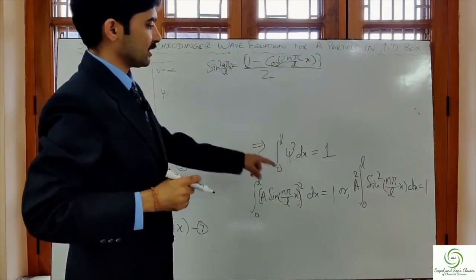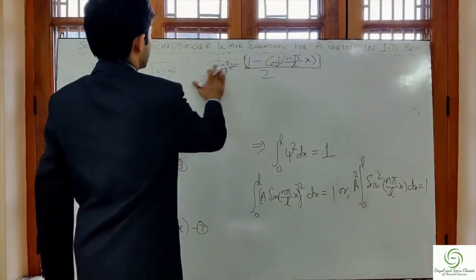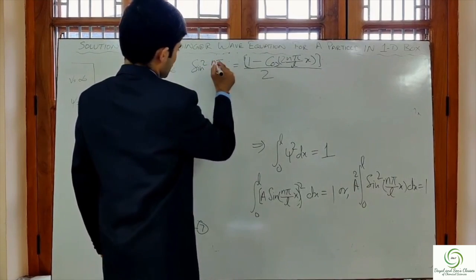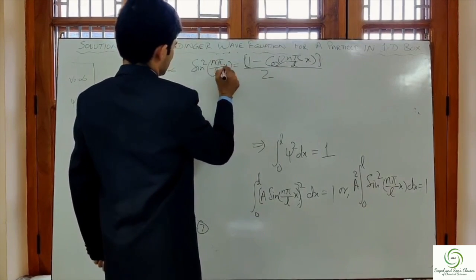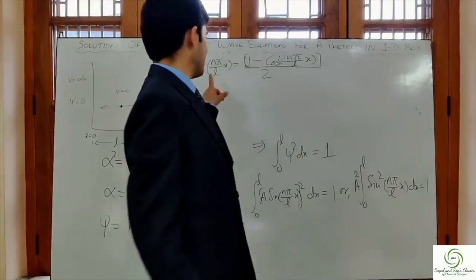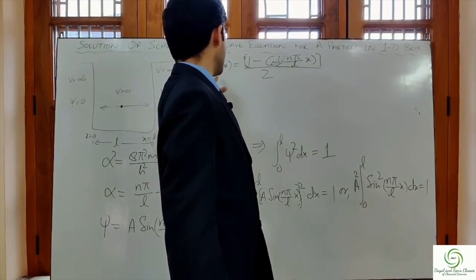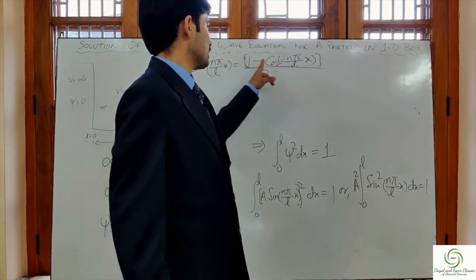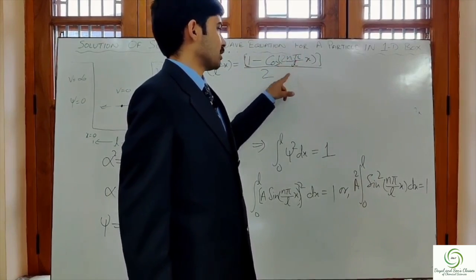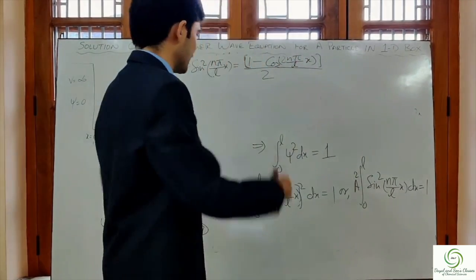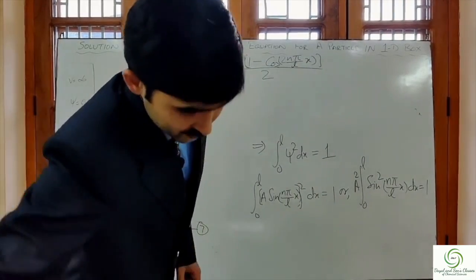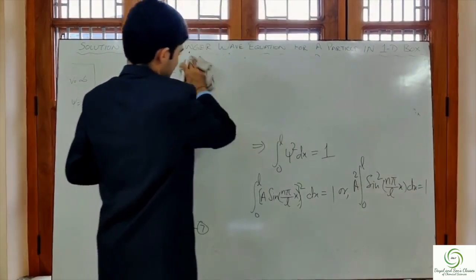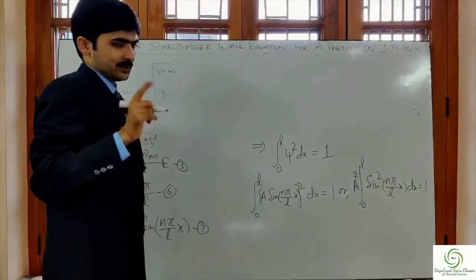We replace sine squared of n pi divided by L into x by the relation, 1 minus cos 2 n pi x upon L, by 2, in this equation. I hope you can remember this part. This part you have to remember.